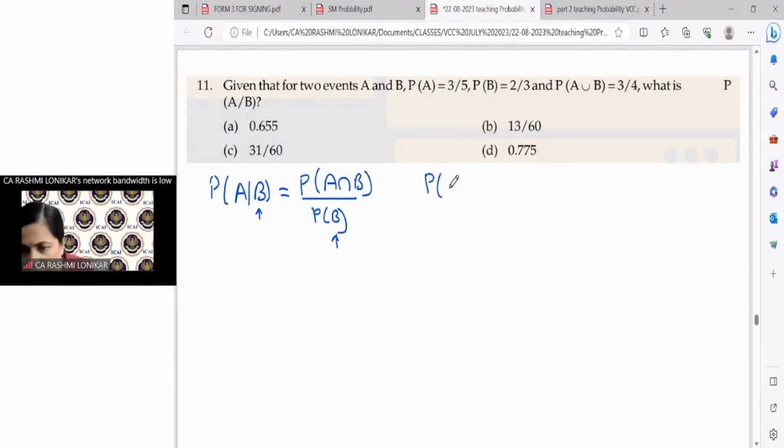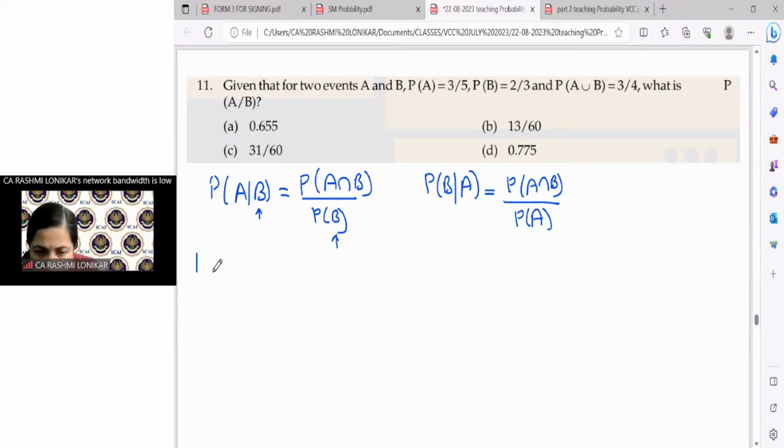So P B given A is P of A intersection B upon P of A. These are conditional probabilities. In the first case, A given B, B has occurred and now A is happening, so for this you have this formula.